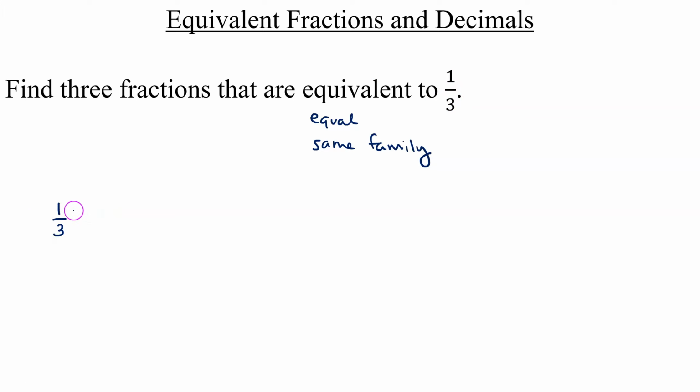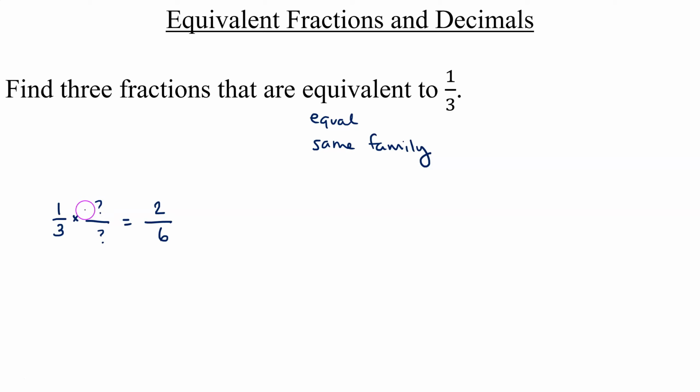So the way we want to do this is we want to multiply this fraction by something in order to get another fraction. So if you have 1/3 of something, that is the same thing as having 2 over 6 of something.